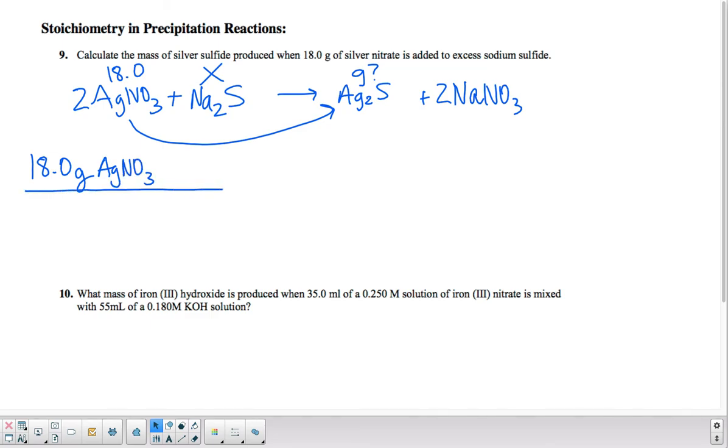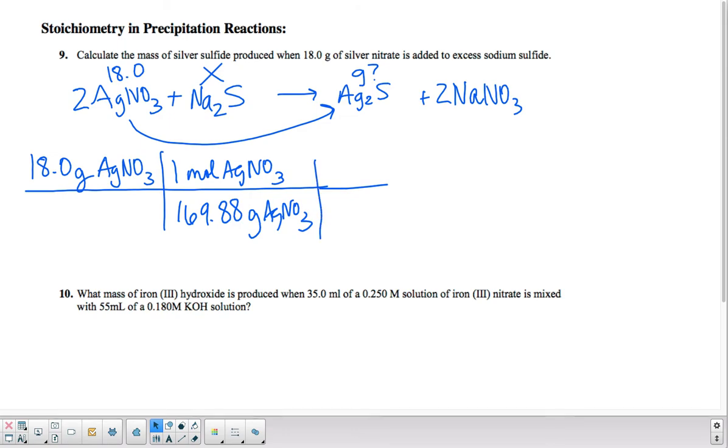AgNO3. Okay, what do I convert to first? Grams per mole, right? So for every 1 mole of AgNO3, I have 169.88 grams of AgNO3. Now I mole bridge over, right?